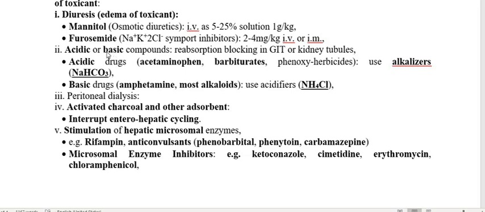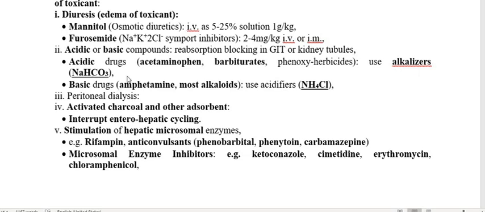If the toxicant is basic, you have to give an acidic drug, because they are going to neutralize the action of the toxicant. Like if the toxicant is acidic in nature, like acetaminophen, barbiturate, or phenoxy herbicide, then you have to give an alkalizer like soda bicarb.